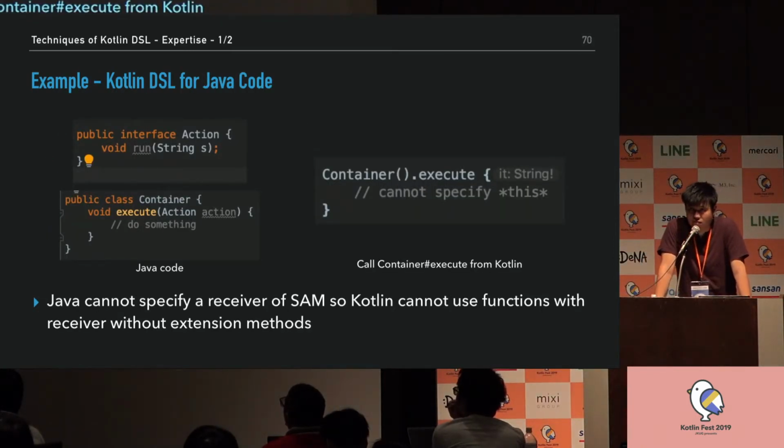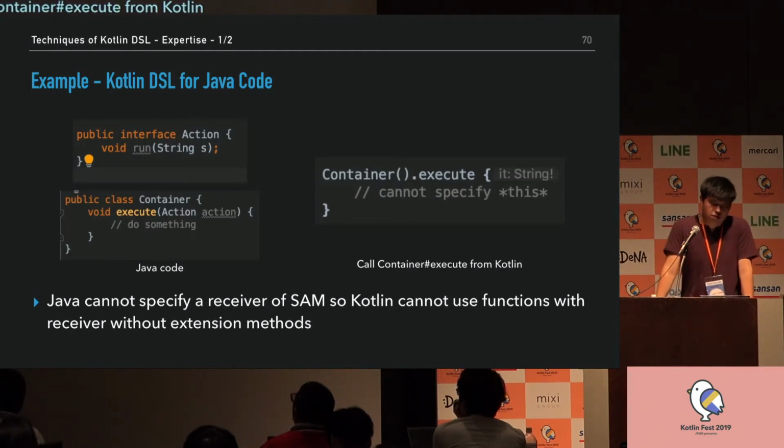Let's think about SAM conversions. As you know, Java cannot specify a receiver for SAM, but the built API may be a bit awkward in Kotlin. I mean, it might be better to use a receiver in Kotlin in some cases. Of course, we have a workaround. It's an extension method.